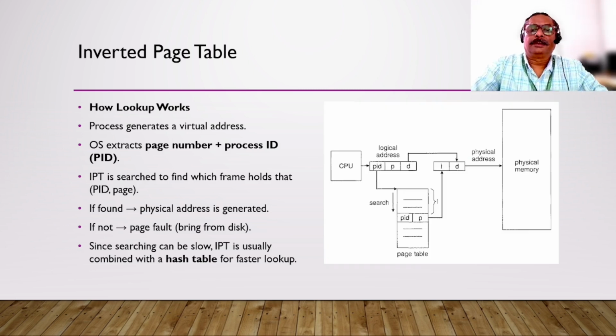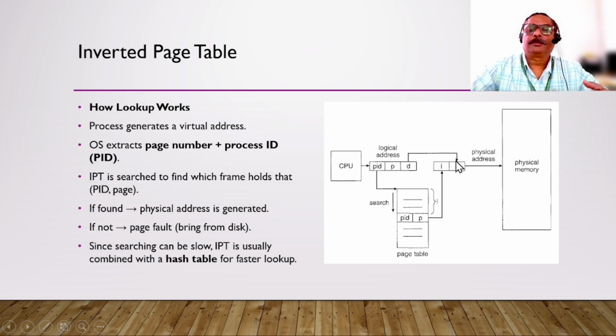So the logic here is that the CPU will give us the PID, then the page number, and inside that page the displacement. So this PID and page number are searched in the inverted page table, which says that this PID and page number is located at which index of the main memory.